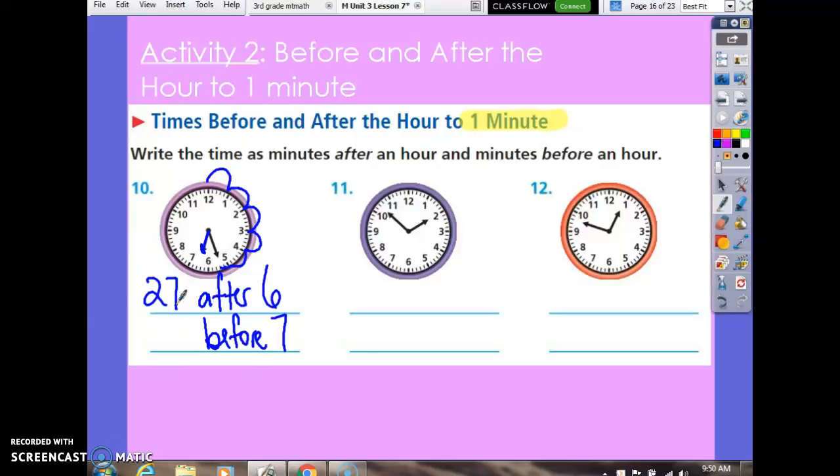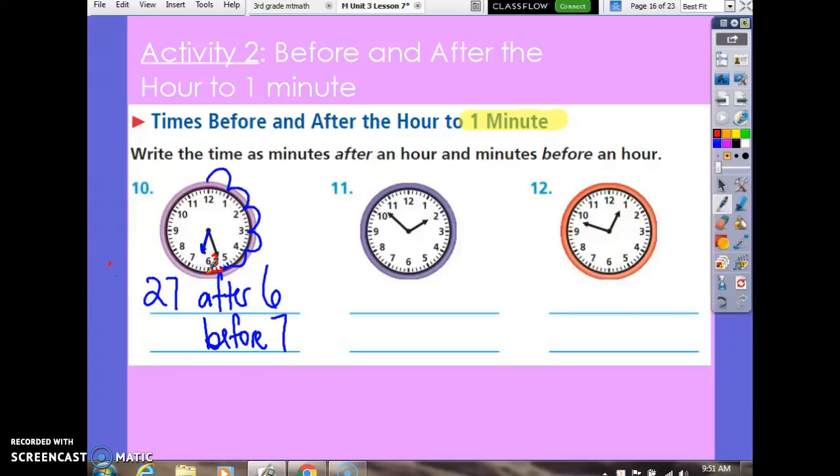Now, how do I know how many minutes it is before 7? Well, I know that I have to start right here. There's 1, 2, 3 minutes until I get to 6:30. So I'm going to write a 3 right here because that's 3 minutes until I get to 6:30.